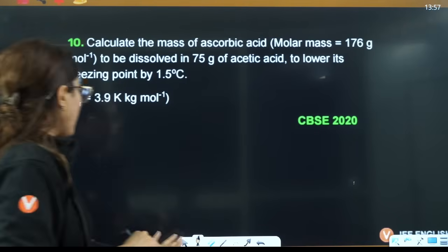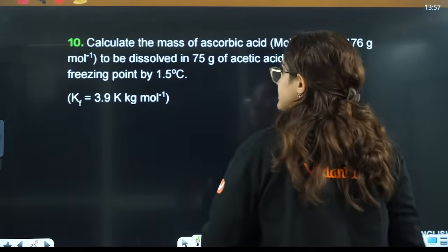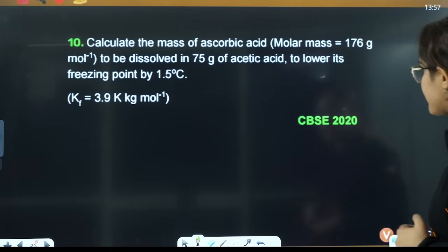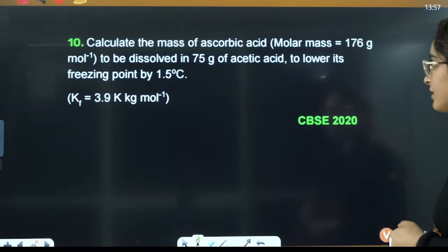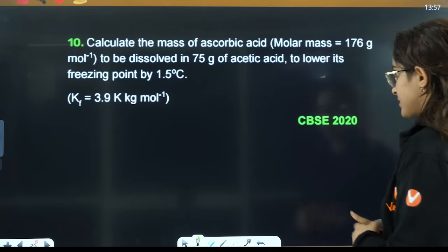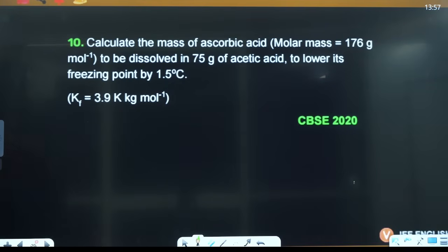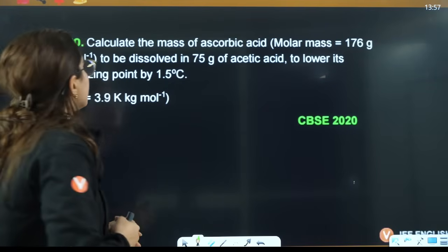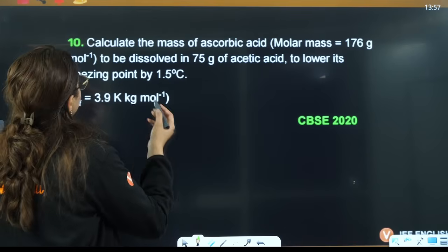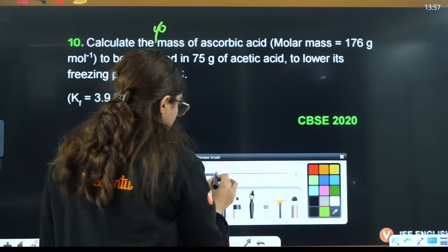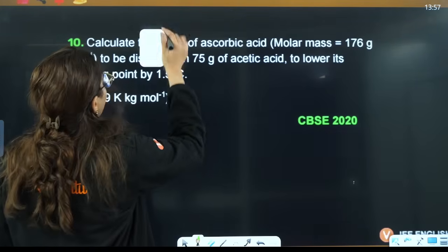Okay. Now the next question is: calculate the mass of ascorbic acid to be dissolved in 75 gram of acetic acid to lower its freezing point by 1.5. So the mass of ascorbic acid that you have to calculate is W2. Guys, you need to calculate W2 here.